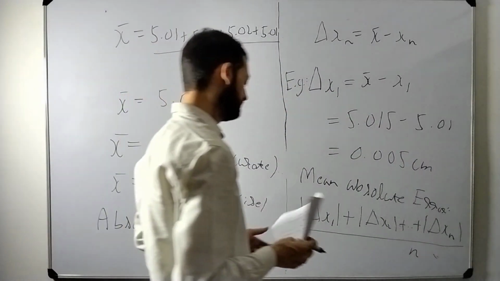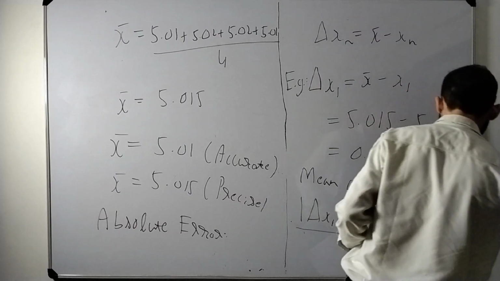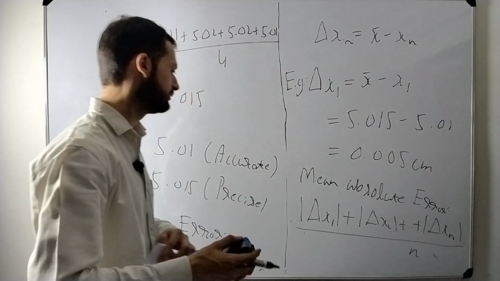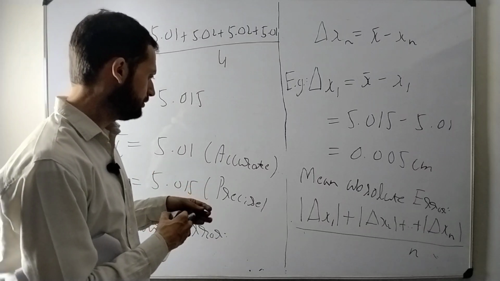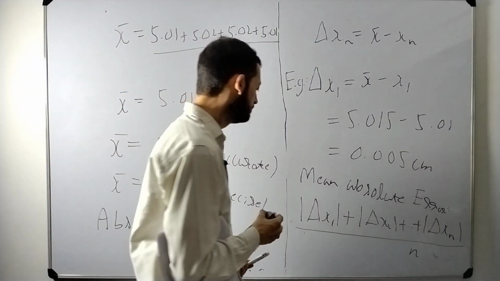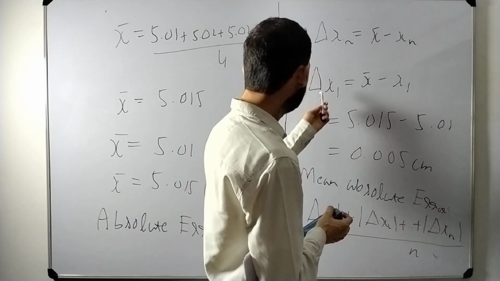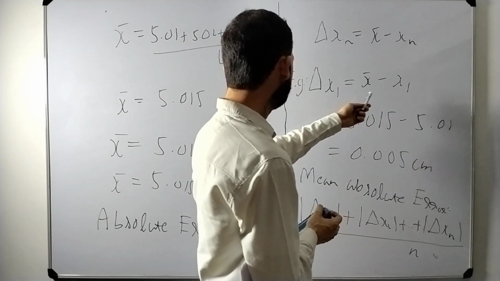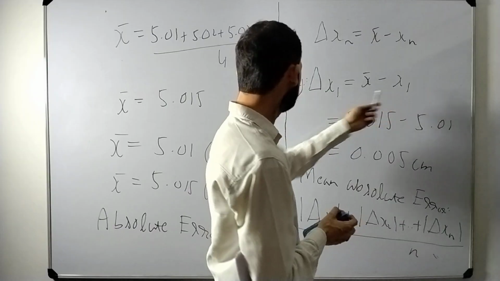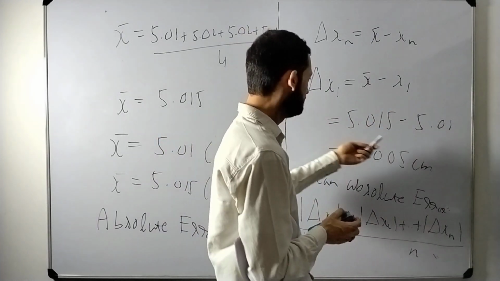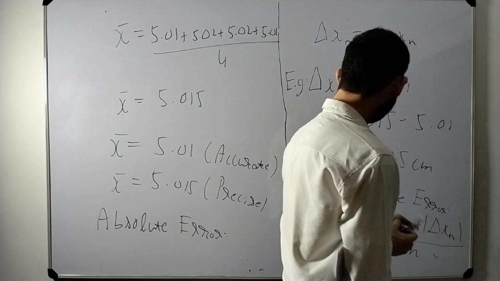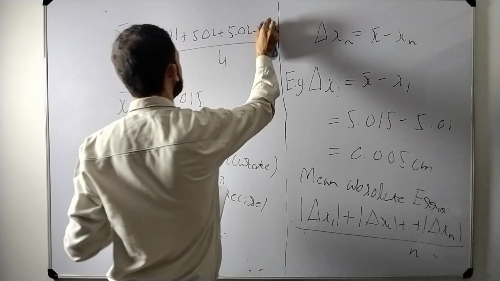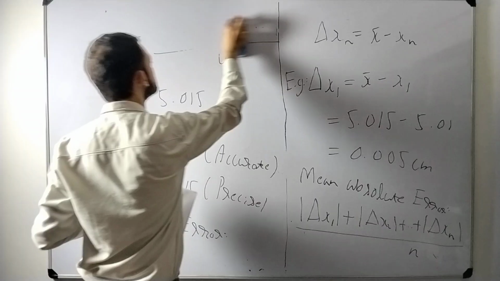I'm talking about the mean absolute error here, students. So you would say, sir, del x1 is this, del x2 is what? Students, you put x2 here and mean remains the mean. So you put all the four values, and you divide by the number 4.